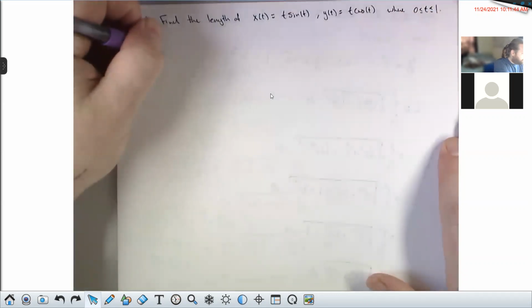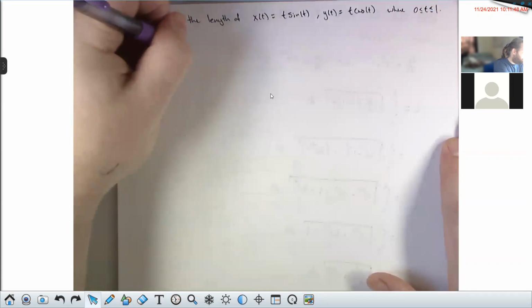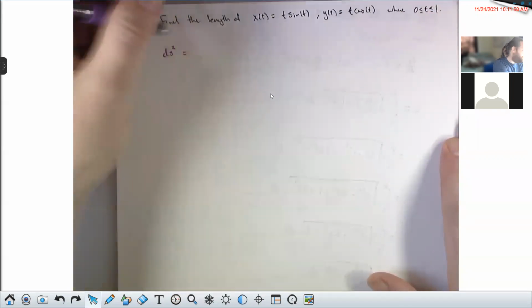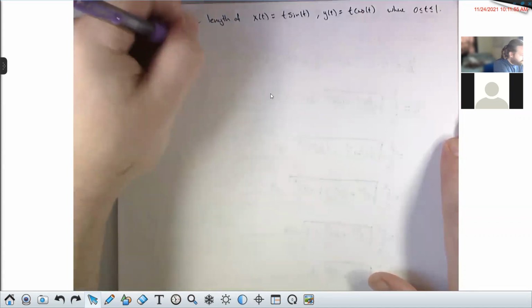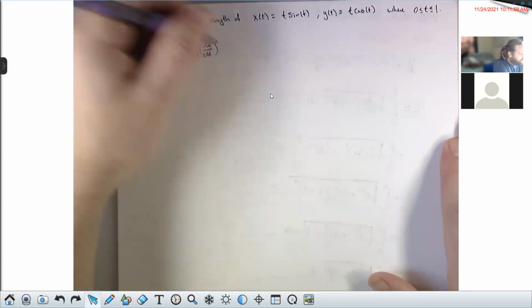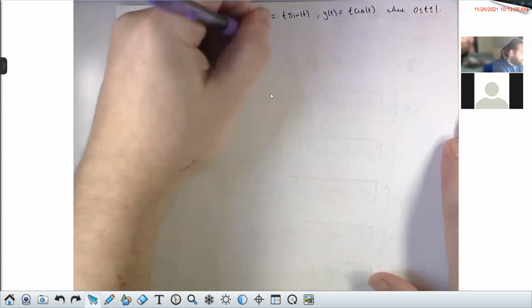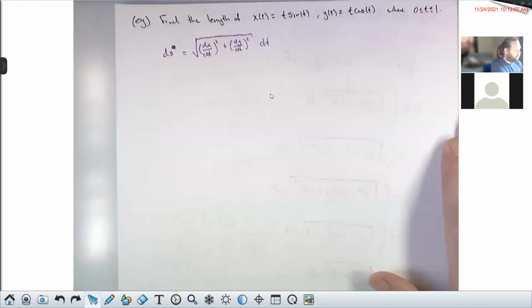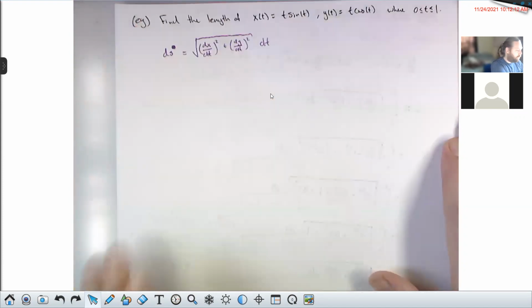This time I will write out ds. ds is the square root of dx dt squared plus dy dt squared, dt. dx dt and dy dt each require a product rule.